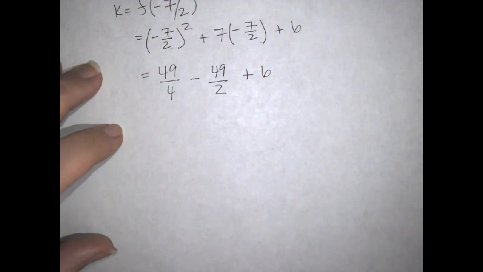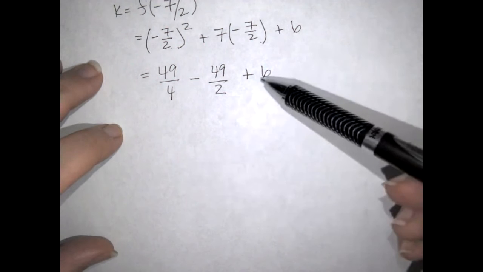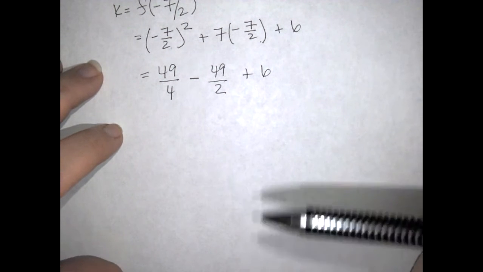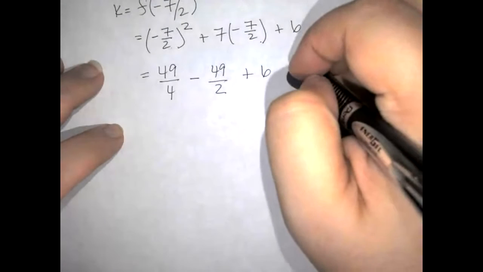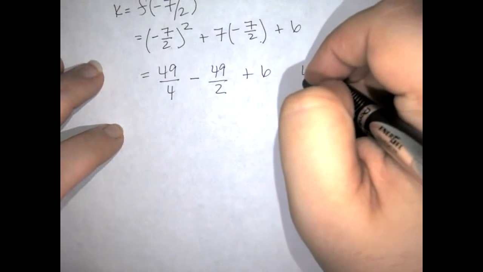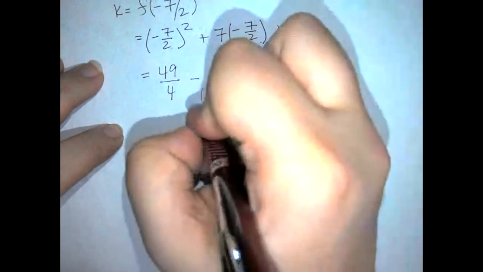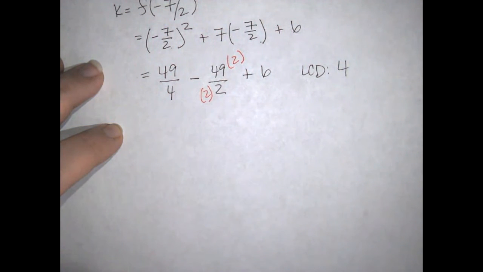So there's a couple things that you can do, which is, first and foremost, you can combine these, but you need to have a common denominator. So here my lowest common denominator is going to be 4. So that means to my middle term, I have to multiply the top by 2 and the bottom by 2.